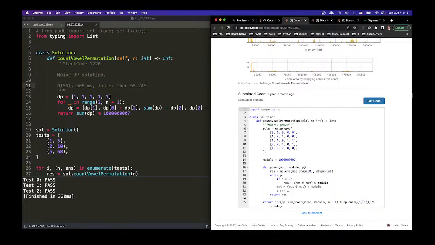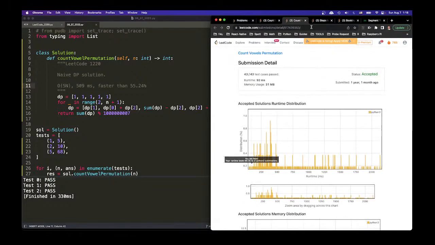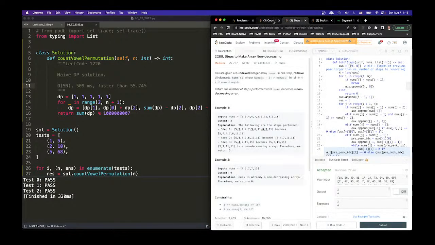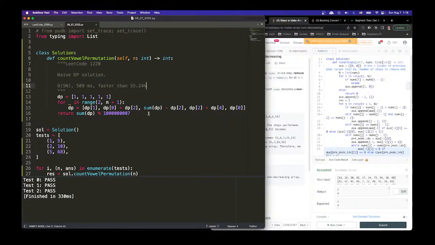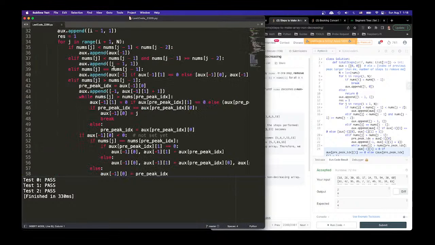Oh, matrix power. Yeah. Not in mind for this, but very interesting. Matrix power. Okay, so that one's done.